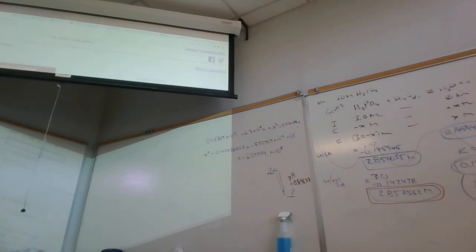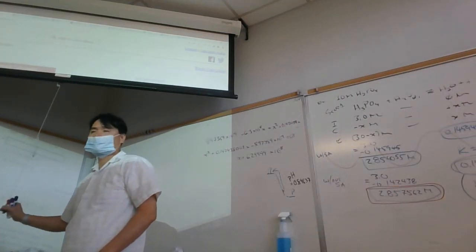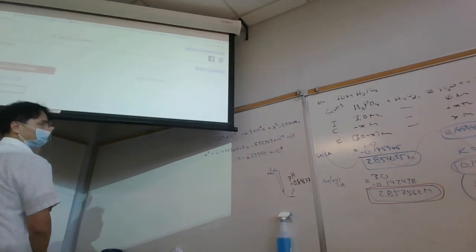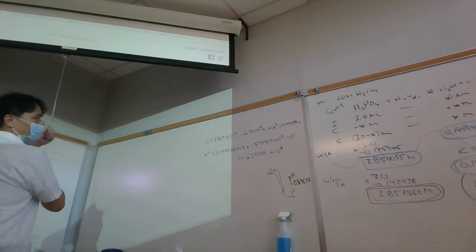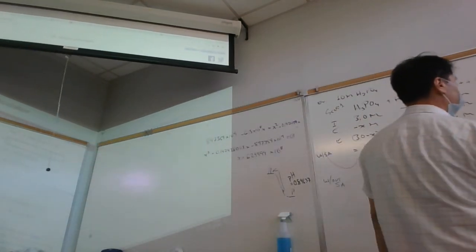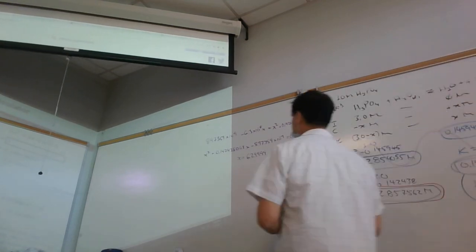If your percent change is less than 0.1%, then it's not even worth doing the quadratic, because your answer is going to be good with the simplifying assumption. So it wasn't worth doing this.